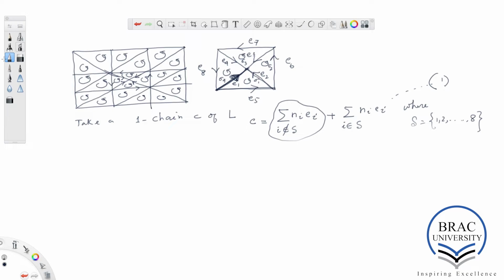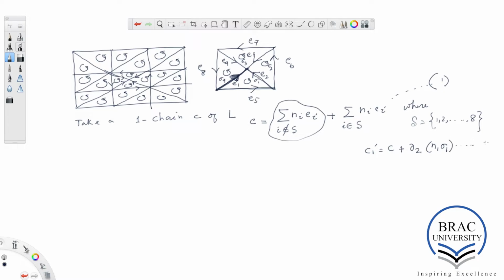Now I just erased the expression of C1 prime, right? So that equation number 2, we need that equation. What was that? Equation number 2 was C1 prime is equal to C plus del 2 N1 sigma 1.